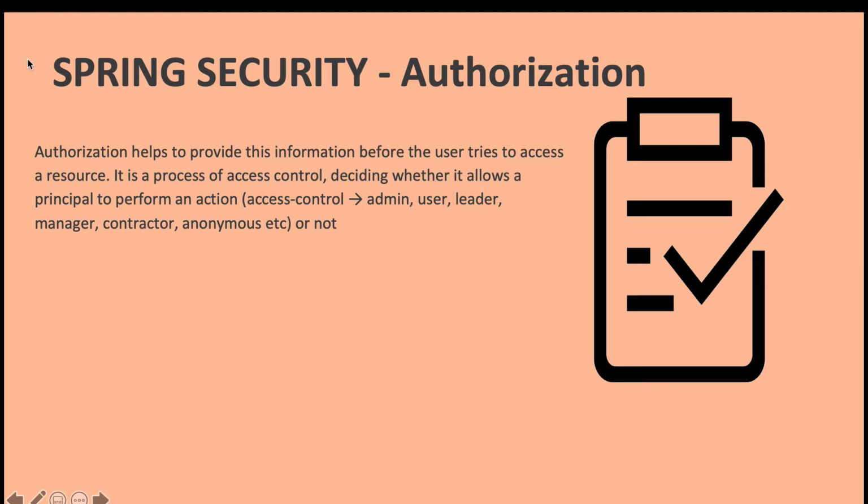I call those individual things a resource, right? So you're requesting a resource. Authorization determines whether you have the authority to access that resource or not. So even if you proved your identity, if your authorization check fails, you won't be allowed to get into the system. You might be logged in, but you won't be able to do whatever you want to do, right?